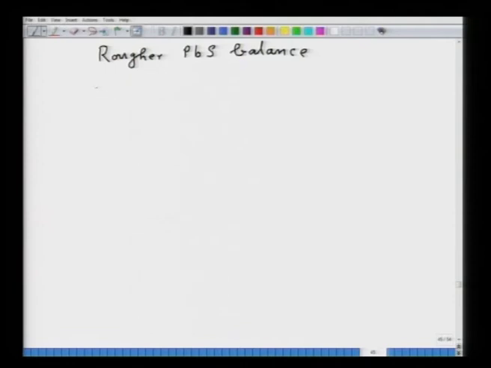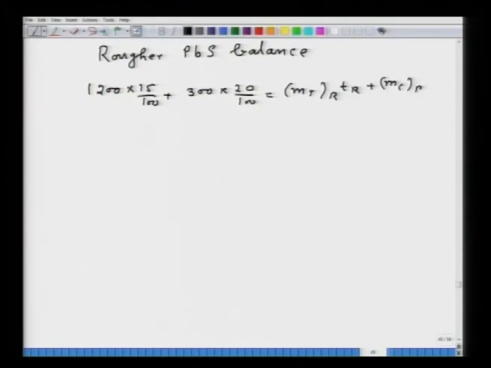So, we can write down this one: 1200 into 15 by 100 plus 300 into 20 by 100, that is equal to MTR into TR plus MCR into CR. This will be our equation number 3.